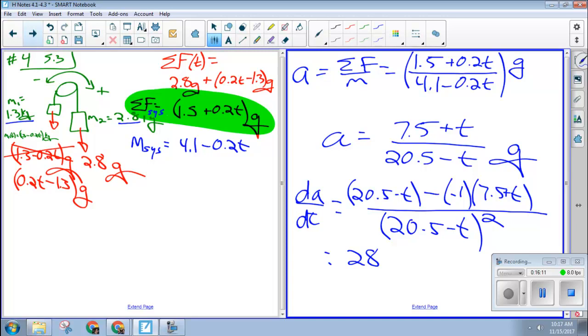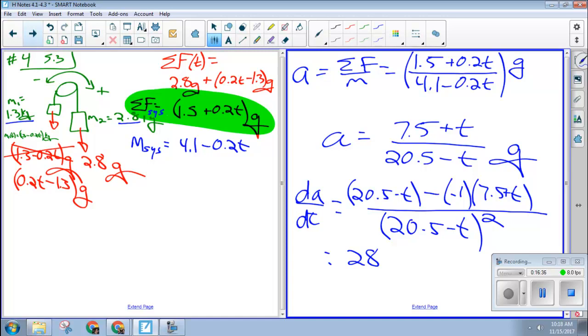It's supposed to be minus 2t, I thought. What did I do wrong? Oh, right.